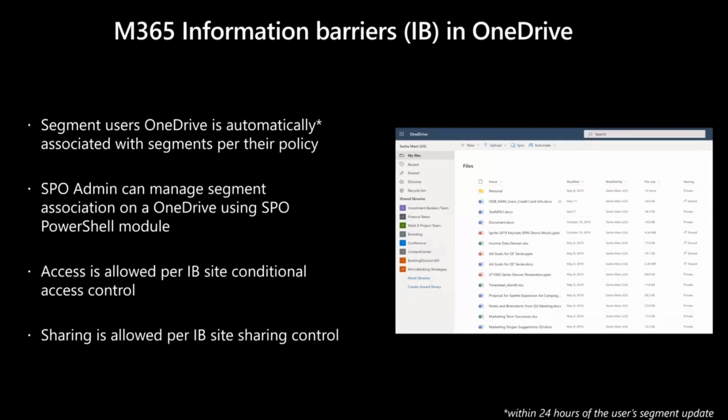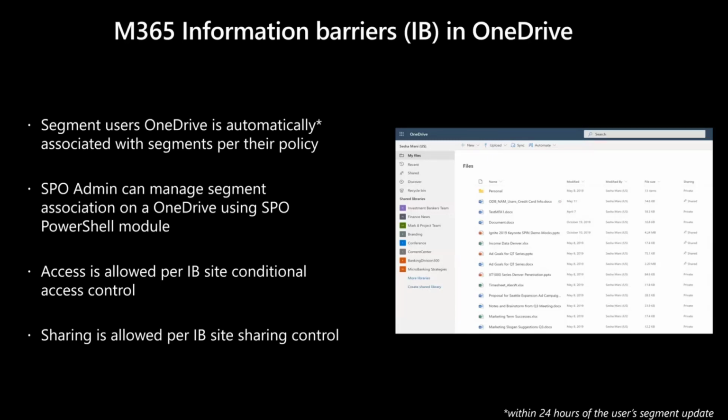Moving from SharePoint to OneDrive, as you have understood so far, with information barriers we are allowing the admins to segment users, which means you are classifying your user as an investment banker user, for example, or a corporate advisor user. So the user also has an information segment.